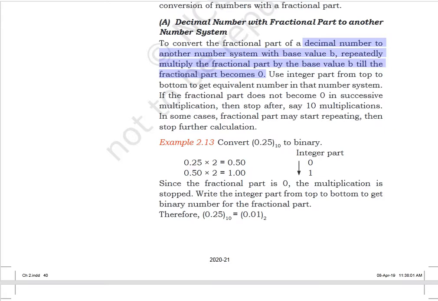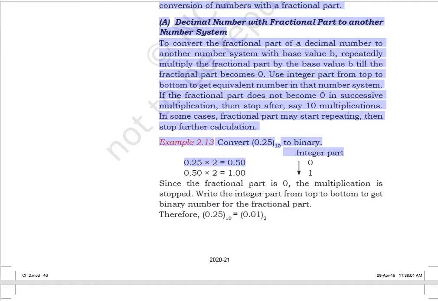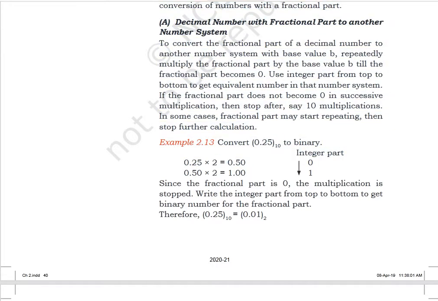We have to multiply the fractional part until it becomes 0. Here we can see that the fractional part has become 0.00, and that's why we stop the multiplication and we get the integer parts here. And we will take the values from top to bottom.